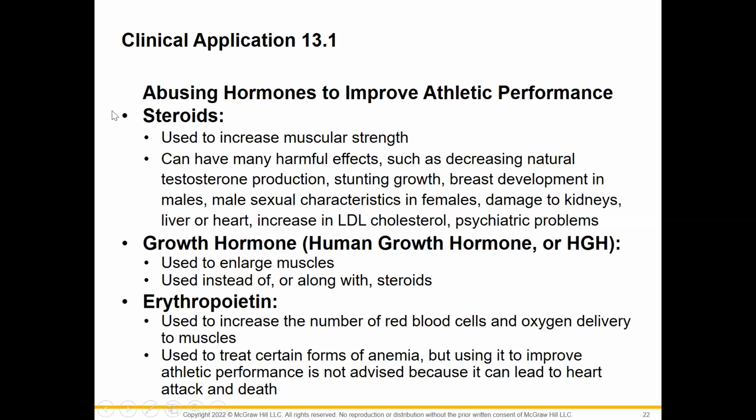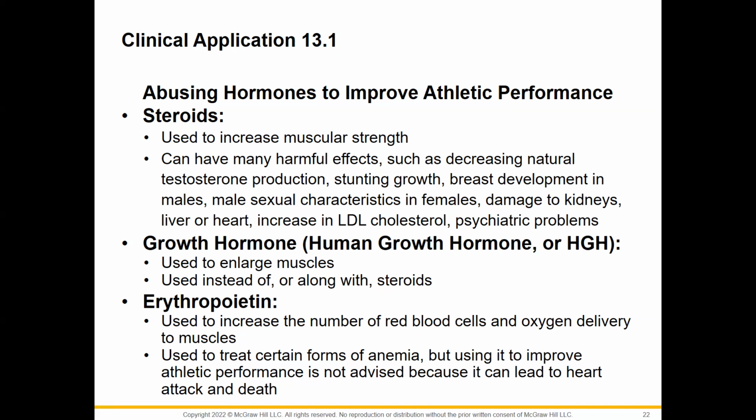Some of the hormones that can be abused are steroids, growth hormone, and erythropoietin. Steroids are used to increase muscular strength because some of your steroid hormones are your sex hormones: testosterone, estrogen, progesterone.